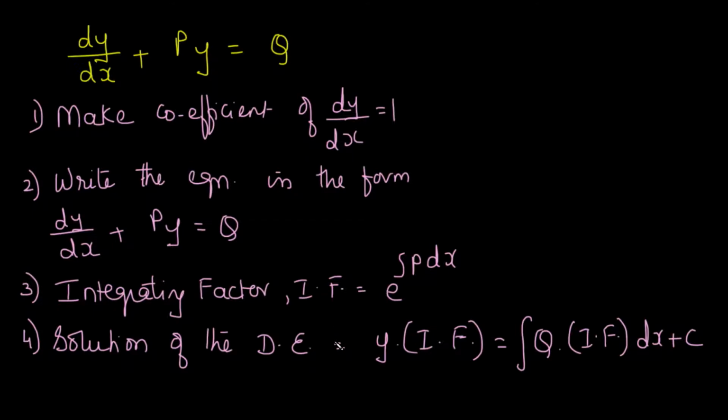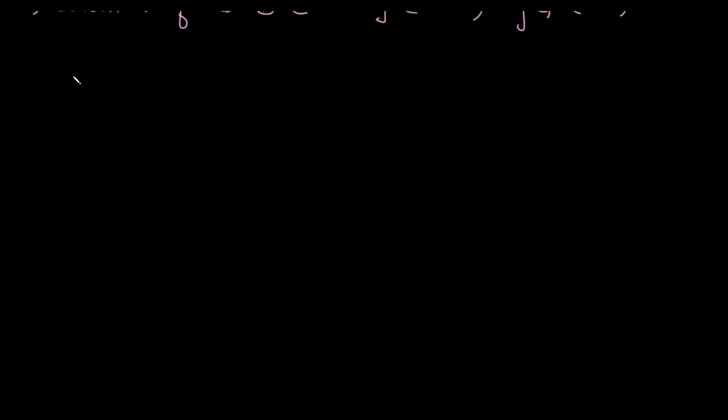So once we find out this answer, this is the solution of the differential equation. So these are the steps which are used to solve a linear differential equation of the first order, such as this one. So go through it properly, and then we'll begin with exercise 8.5. But before beginning with exercise 8.5, there might be questions where you get the equation in this form, that is dx upon dy plus px is equal to q.